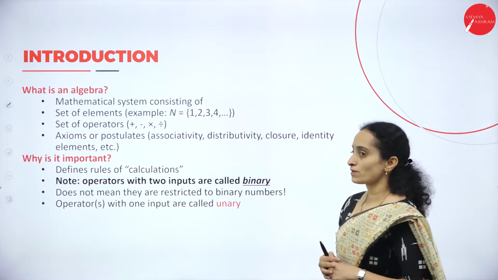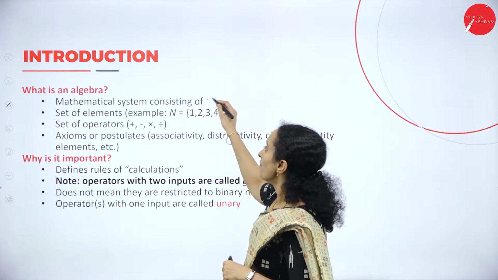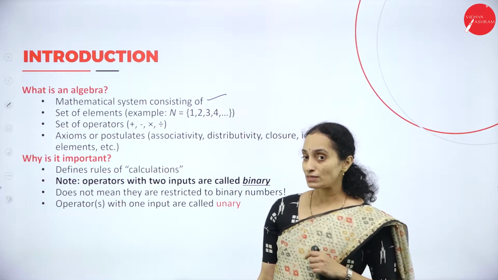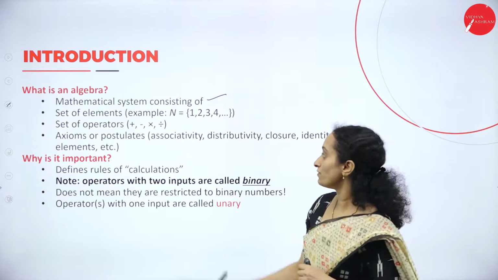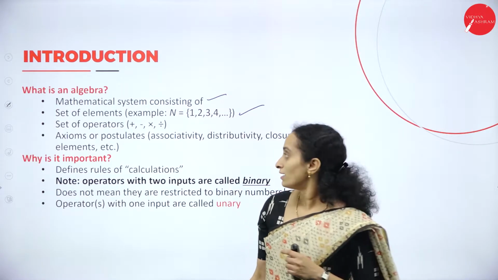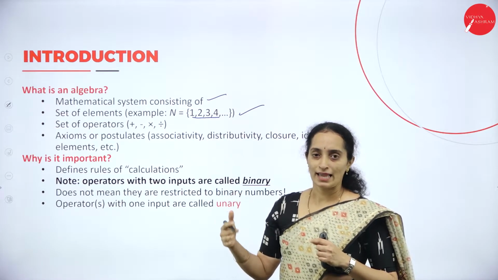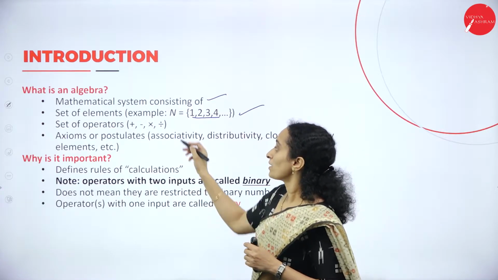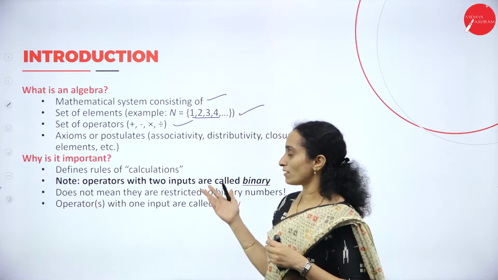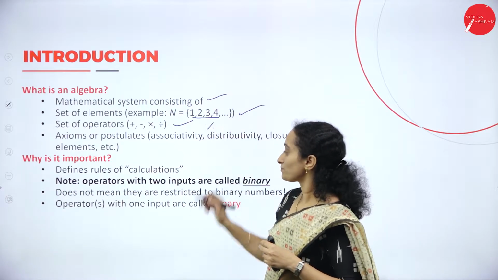Here, why do we need algebra and what is algebra all about? It is a mathematical system. Algebra can be termed a mathematical system. What does this mathematical system consist of? A set of elements, usually whole numbers, like 1, 2, 3, 4, is it not? Along with that, you will have a set of operators: plus, minus, multiplication, division, modulus, like remainder.